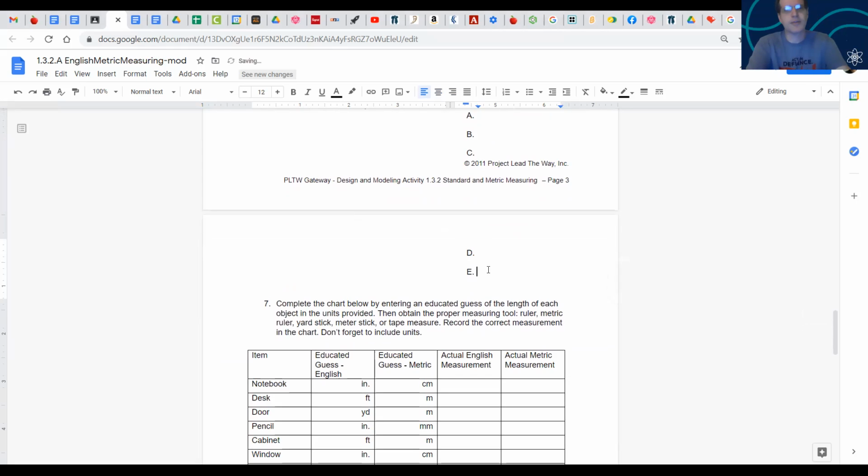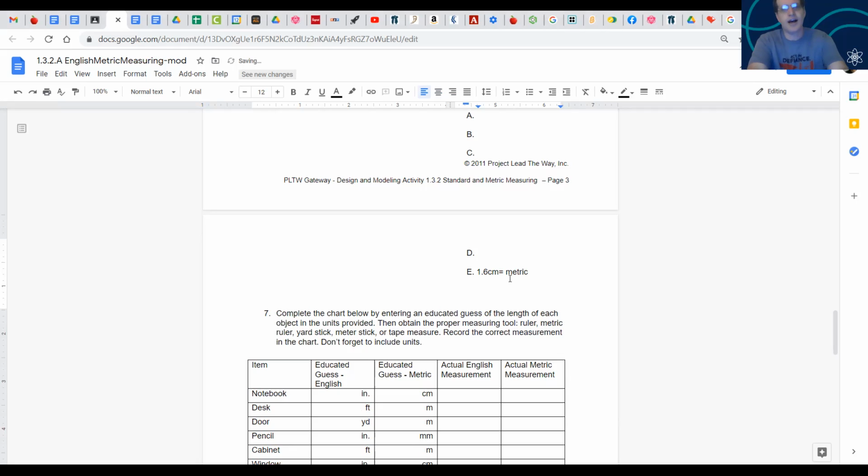When you're using metric, make sure you use decimals. So like 1.6 centimeters would be metric. If you're using English, you do 1 space 1/2 inches would be 1/2, or let's do 3/8 because I don't think there's a, oh, there is. Let's do 7/16.